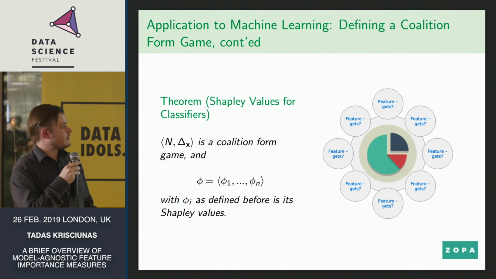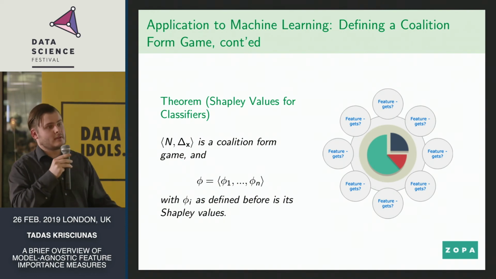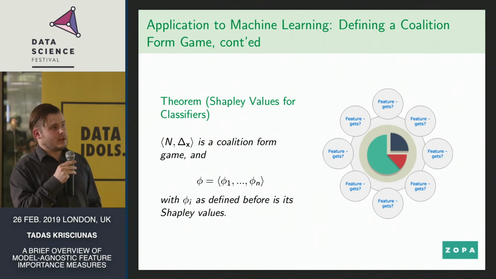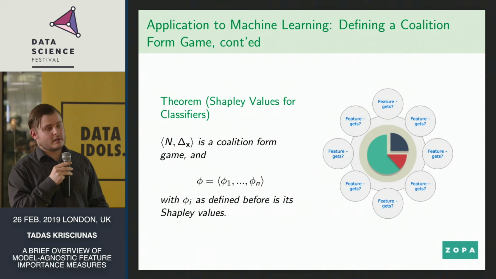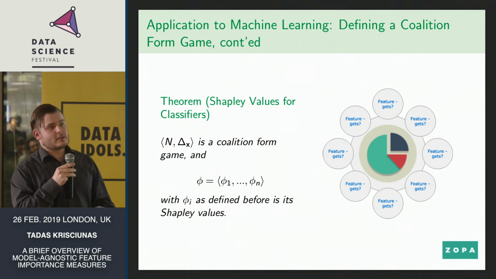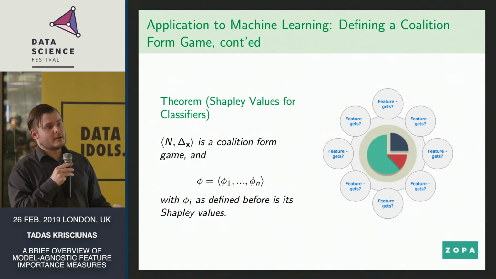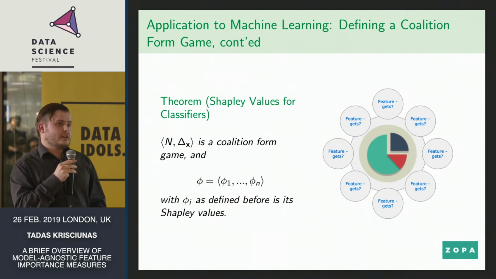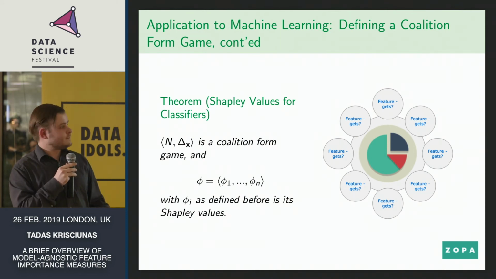So here we have a way to redistribute the full model score to each individual feature in a way that is unique given a set of axioms, which, if we consider, are very agreeable and also are very directly applicable in the context of a classification or a regression model.